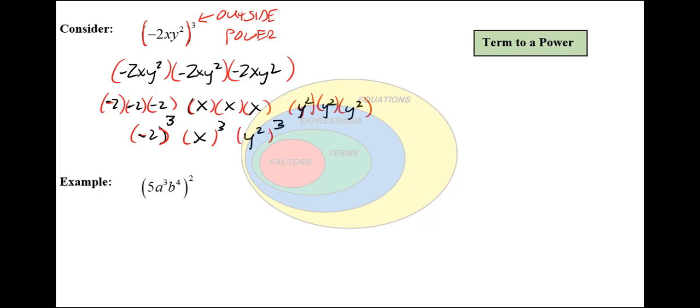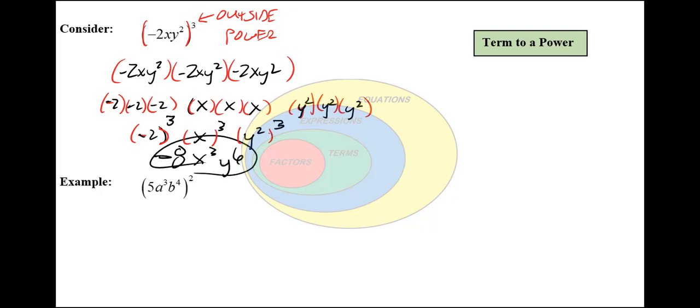So we could finish this problem with properties we already know. Negative 2 cubed is negative 8. So that would give us a factor of negative 8. Negative 2 times negative 2 times negative 2. Well, x to the third power is just x cubed. And then y squared to the third power, we multiply exponents, would be y to the sixth.